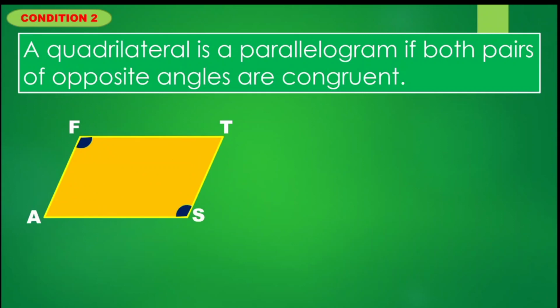And we have that angle F is congruent to angle S, while angle A is congruent to angle T. Okay? So you have it there. The two angles, F and S, A and T. These are the opposite angles.